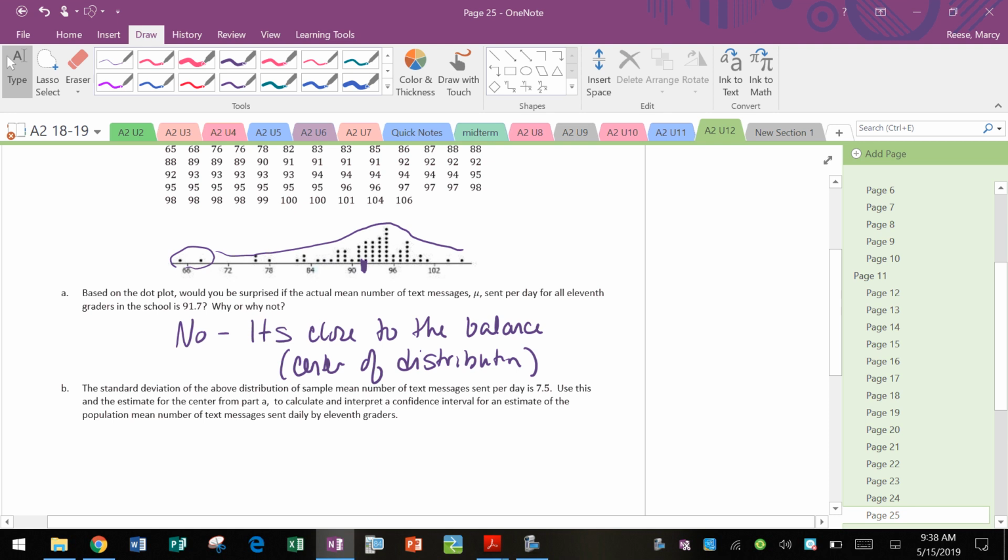Use this and the estimate for the center from part A to calculate and interpret a confidence interval. Okay. So they're telling us we're going to use 91.7 as our center, and we're going to add and subtract 2 standard deviations of 7.5.